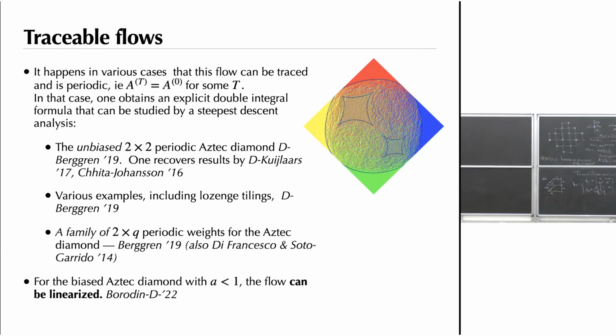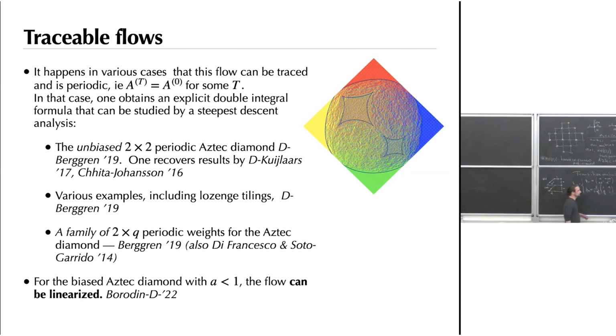But now comes the nice thing, and this is something that we did recently: in this particular case, when a is less than 1, you can still study this chain of matrices, because you can linearize it. This is because of some very nice structures that were developed already in the 70s or 80s, I believe.